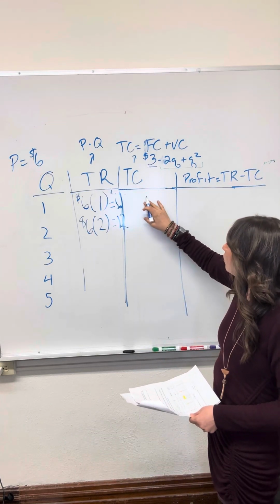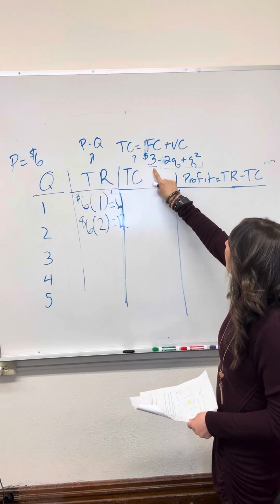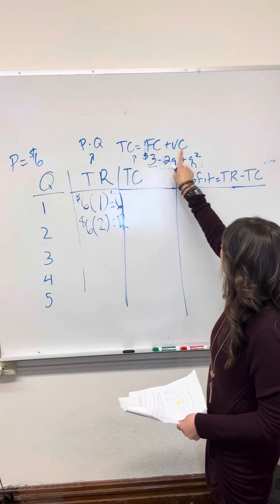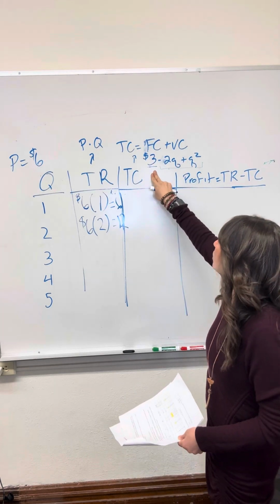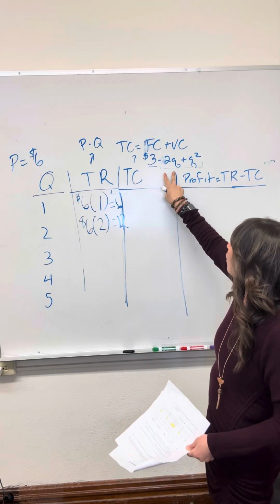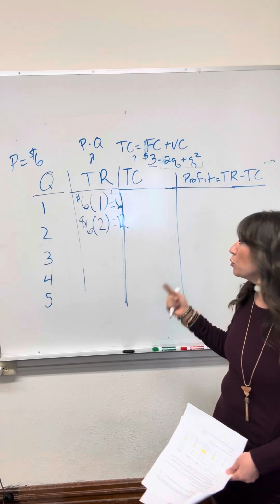And so moving on to total cost, what we find is that total cost is made up of fixed cost plus variable costs. In this production process, fixed cost is just a flat $3. And we add that on to the variable cost function, in this case 2q plus q squared.